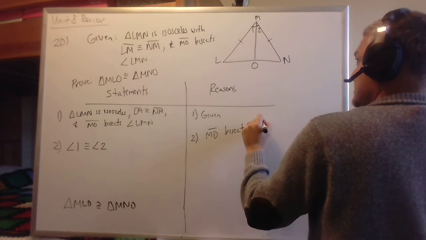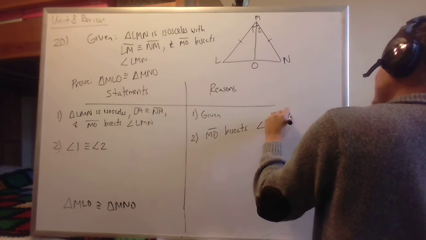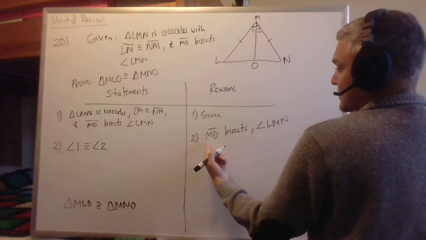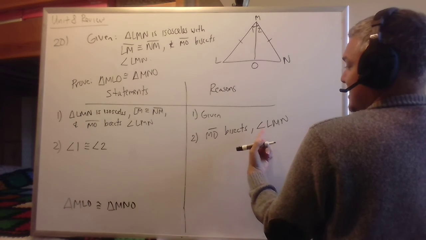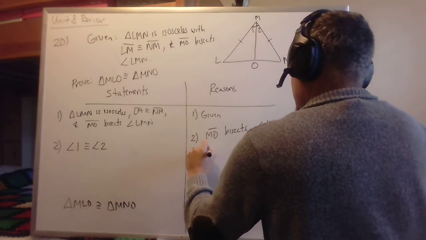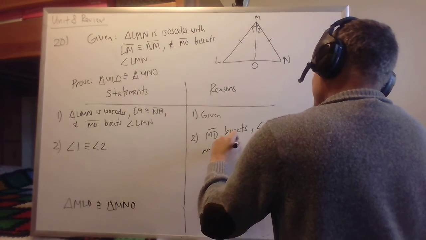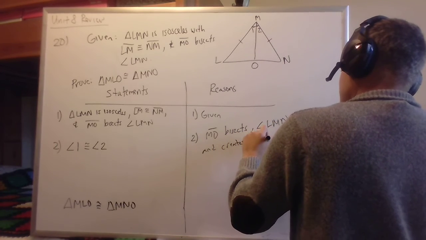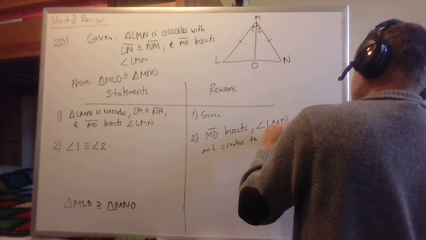So we know that MO is a bisector of LMN. So it bisects the angle LMN, and that creates, so we're going to say segment MO bisects this angle and creates two equal angles.